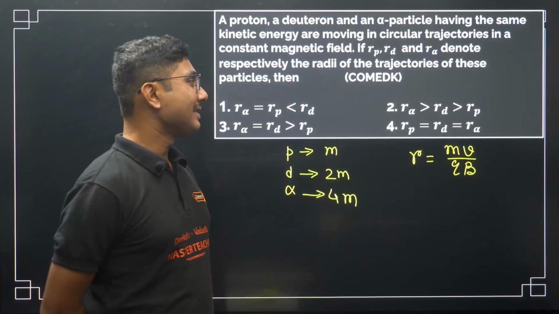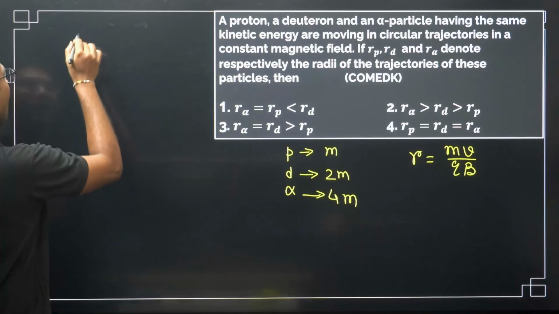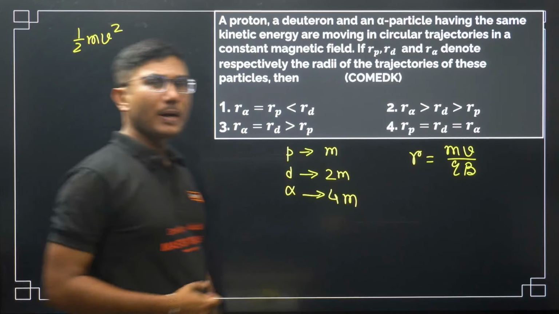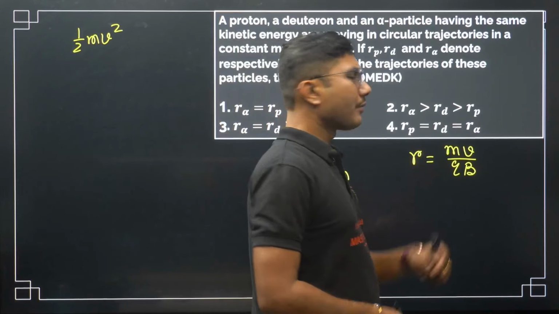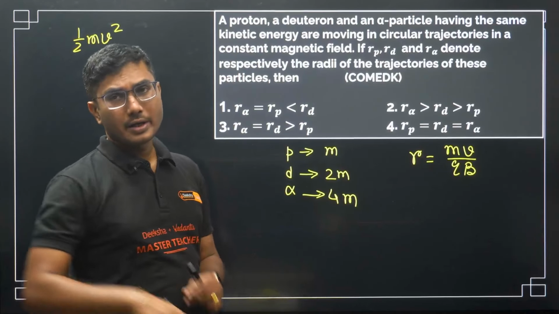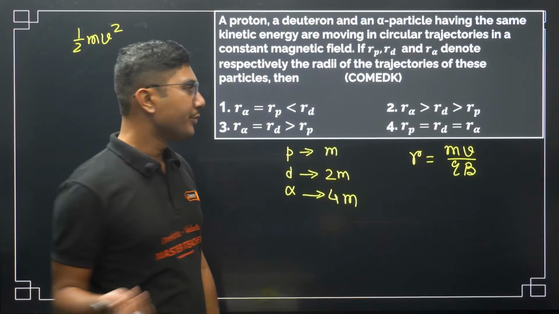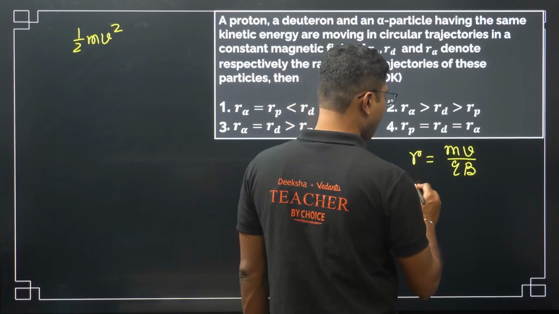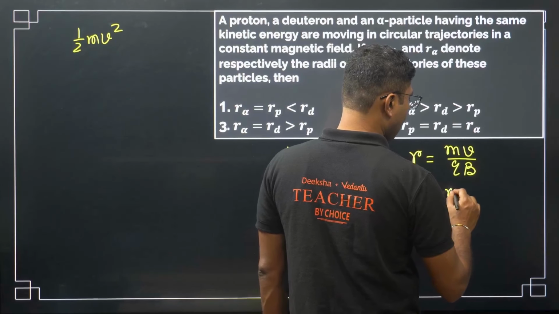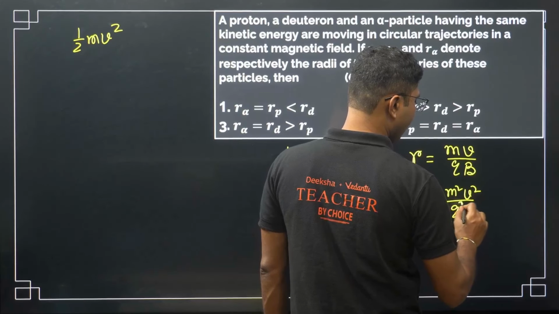Kinetic energy same means half m v square is the same for all the particles. So first we have to convert this equation in terms of half m v square and then we can compare which one will be greater. For that we will square both sides, and r square is m square v square by q square b square.